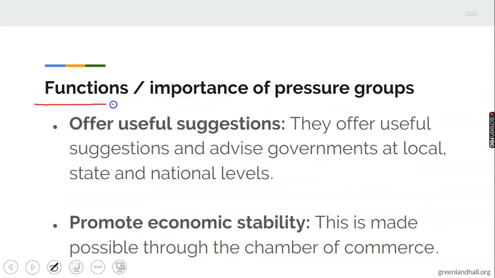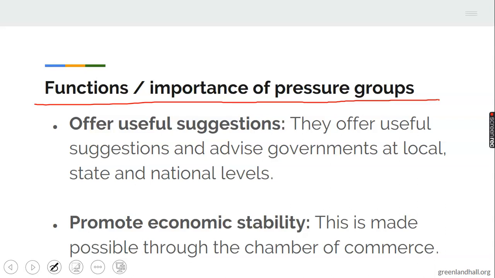Now let's look at the functions and importance of pressure groups. One, they offer useful suggestions and advice to governments at local, state, and national level.